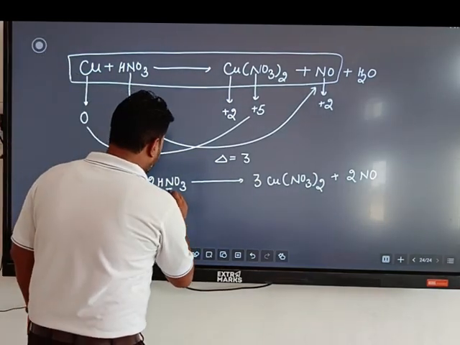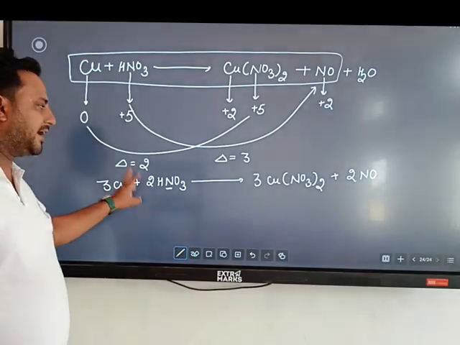So this element is nitrogen and it is 2 times on the reactant side.